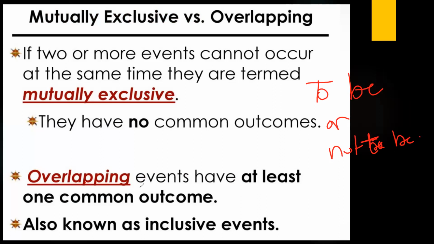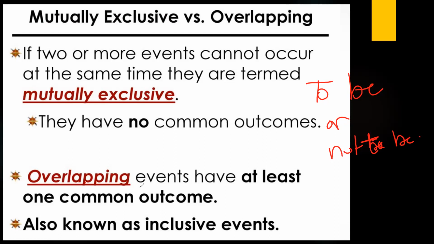But I cannot be in grade 8 and in grade 9 at the same time. This you will call mutually exclusive. That means that the 2 events cannot happen at the same time. Either grade 8 or grade 9. So mutually exclusive means that we cannot have 2 events or compound events happen at the same time.